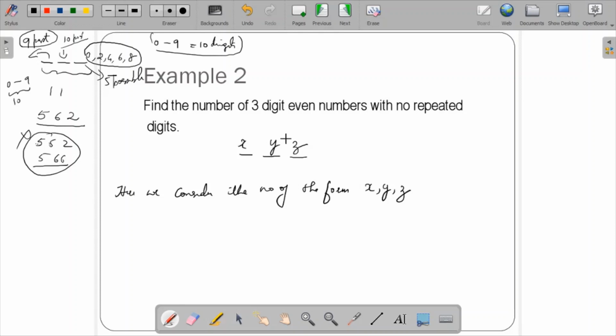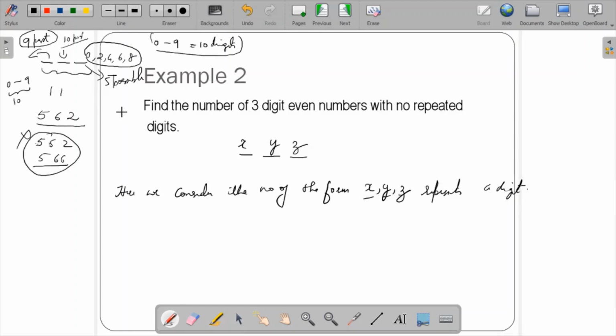Okay, these all are representing a digit. As I told, there are 10 digits, so X, Y, Z each represents a digit.